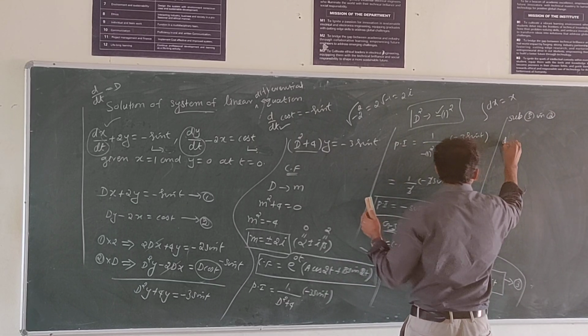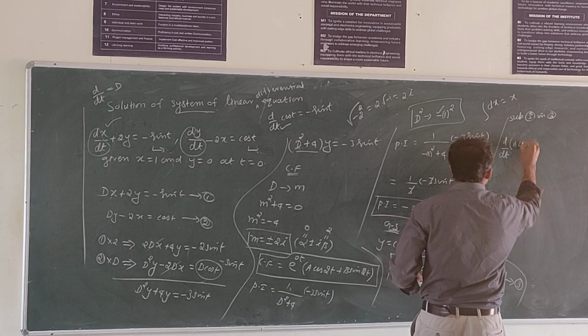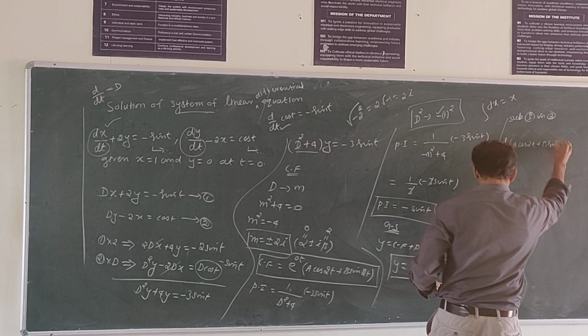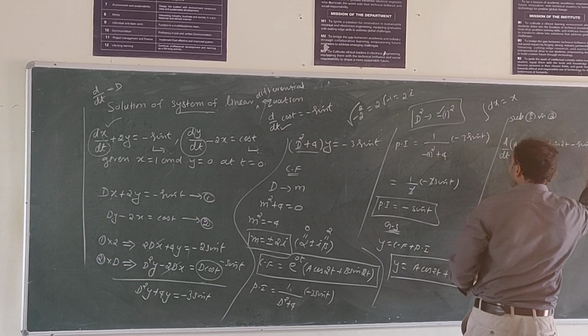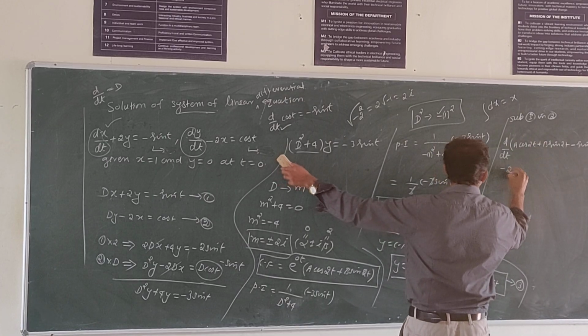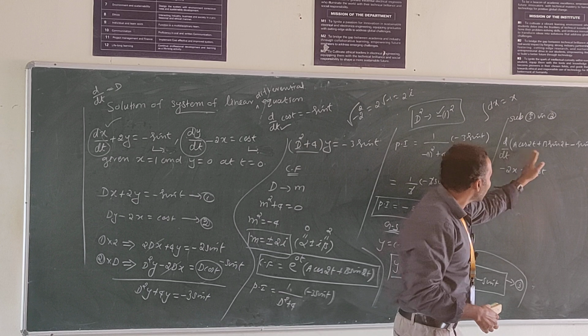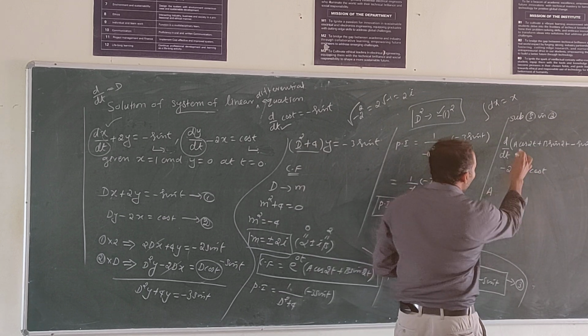So d by dt of, instead of y, a cos 2t plus b sin 2t minus sin t, minus 2x equal to cos t. Listen, differentiate this term with respect to t. So what is the differentiation of cos 2t?